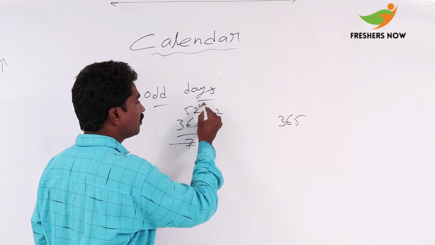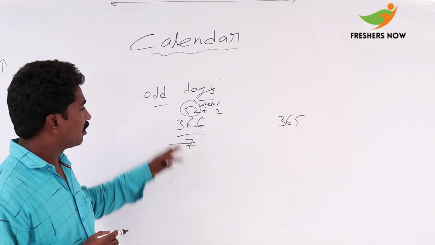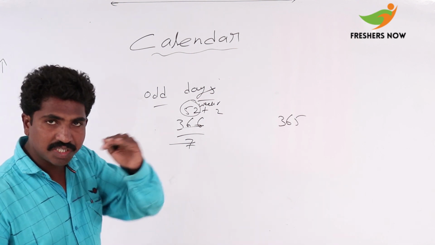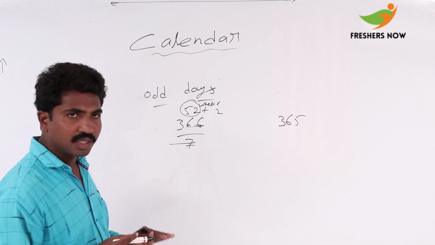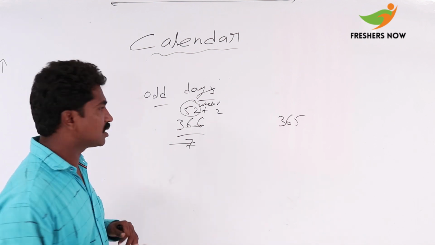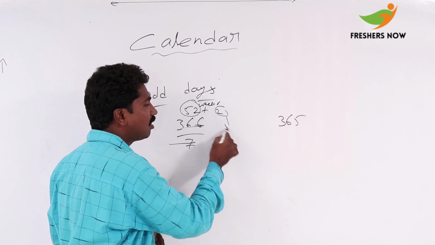So 52 weeks plus 2 days. So for a leap year, 2 odd days.